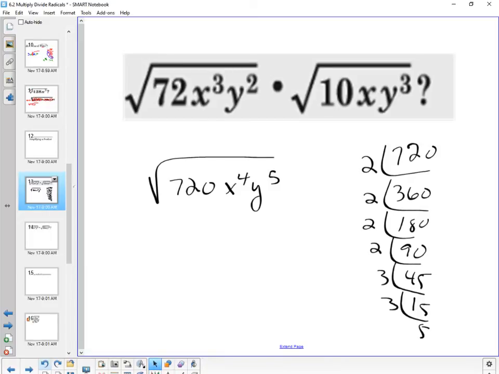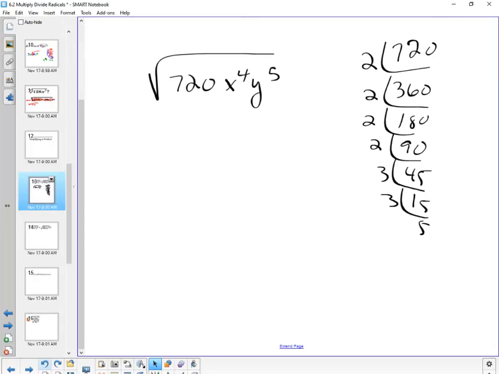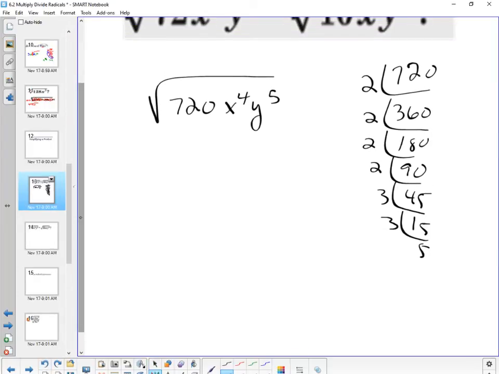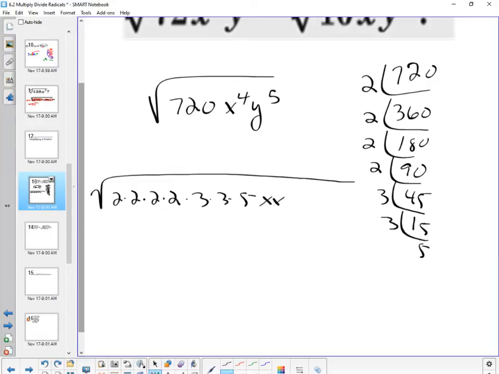So, you're okay where this came from? Here's what I'm going to do for you. I'm going to take all that and just break it all up. So here's the square root of 4 of them: 1, 2, 3, 4. 1, 2, 5. 1, 2, 3, 4. 1, 2, 3, 4, 5.